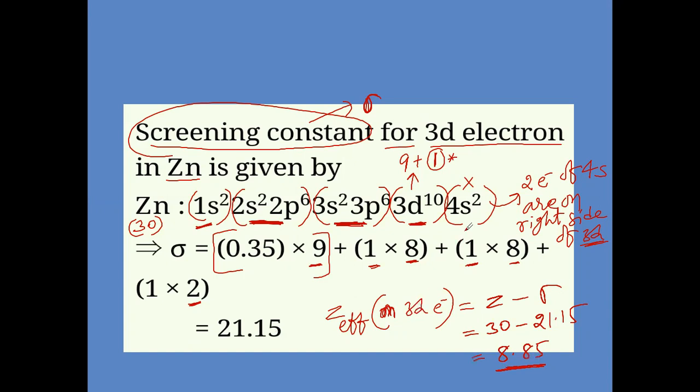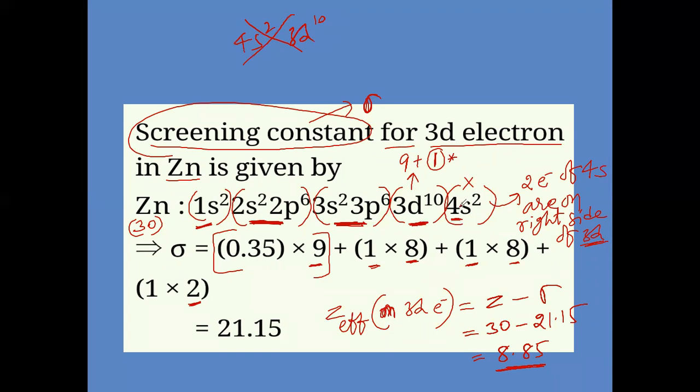Okay. So do you understand why we did not take these 2 electrons of 4s? Because they are on the right side of 3D. But you should not get confused. According to the Aufbau principle, lower energy should be filled first, so 4s should be filled first, then 3D. That concept is there, but it should not be followed here. The concept taken here is 2 electrons in the 4th orbit and these 10 electrons in the 3rd orbit.